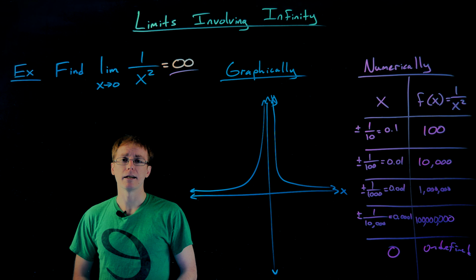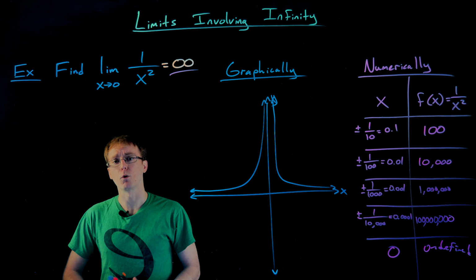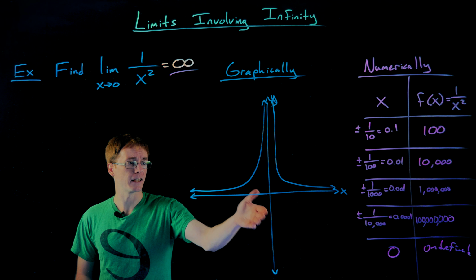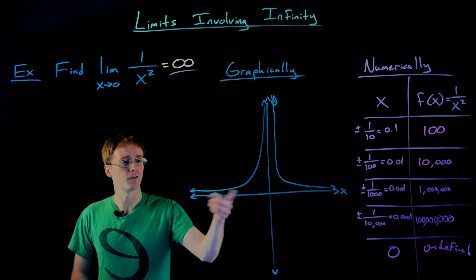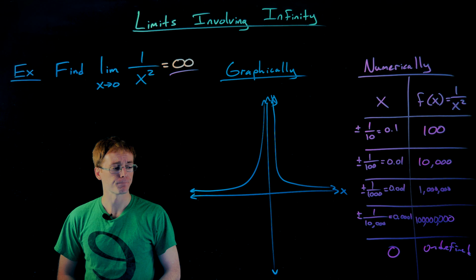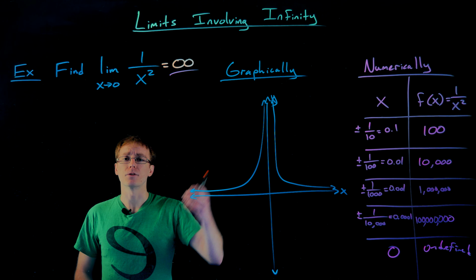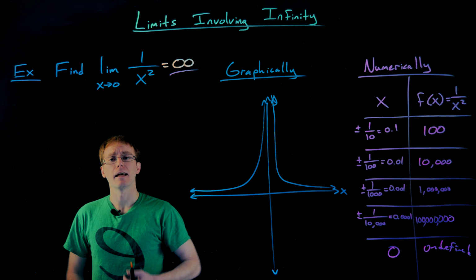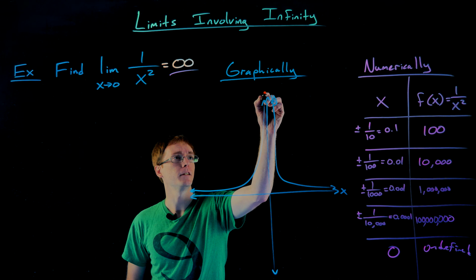They give us a nice way to algebraically describe a vertical or horizontal asymptote, right? In this case, our limit involving infinity described a vertical asymptote, but with this function we could also describe a horizontal asymptote as well. So in this example, so far we've been able to describe the vertical asymptote this function has using the limit as x approaches 0 of 1 over x squared is equal to infinity.